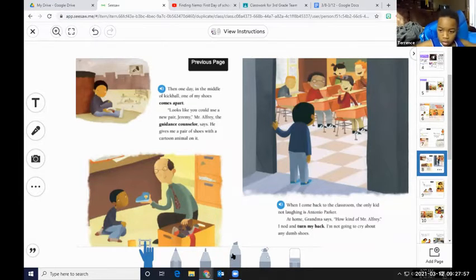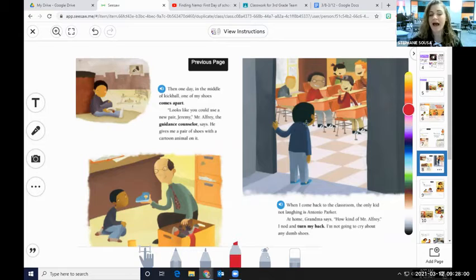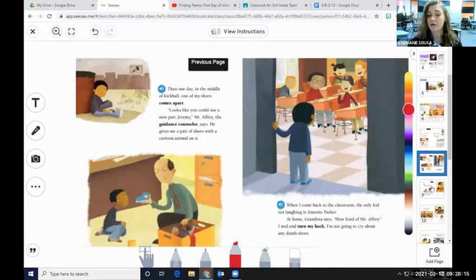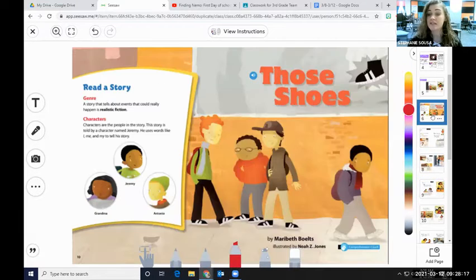I want you guys to use the highlighter tool and highlight when you see a feeling, an action, a saying, or a thought that gives you a clue about a character trait, okay? So you're going to look in the text and you're going to highlight clues about character traits. So if someone does something that's kind for someone, I want you to highlight it.